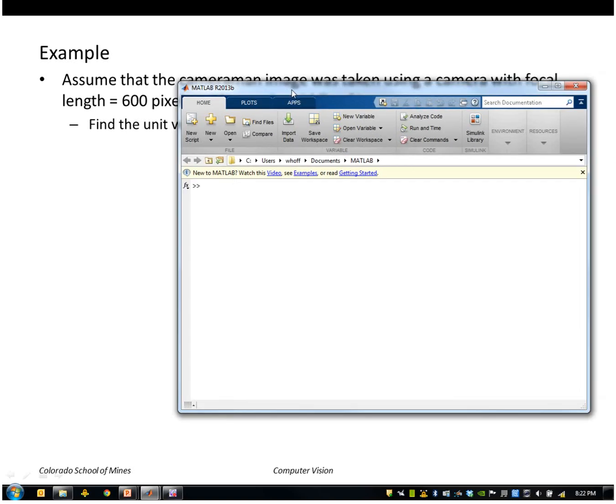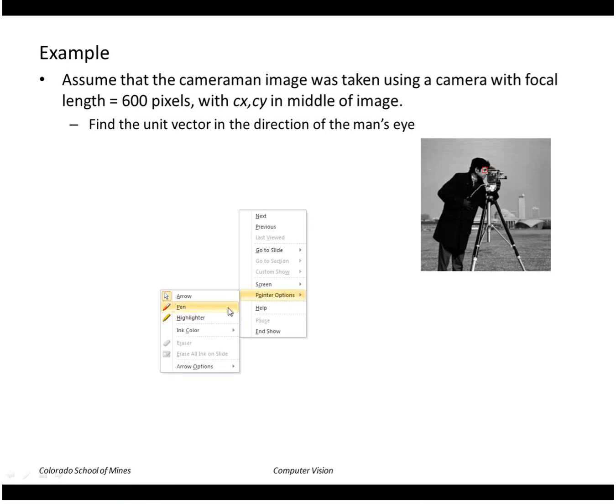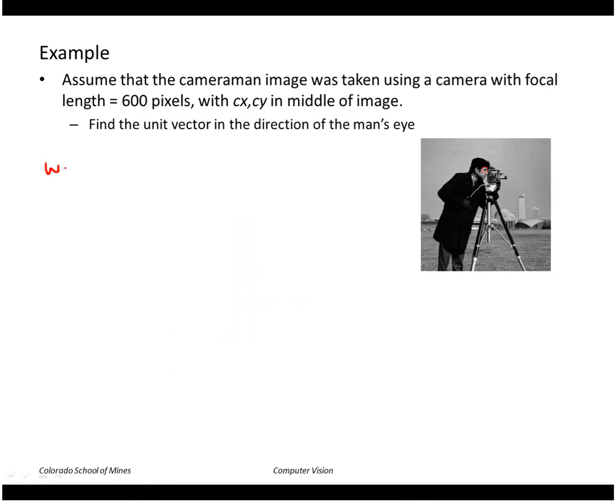So what I'm going to need to do is compute the normalized image coordinates. I'll call it Pn, which is the normalized coordinates.